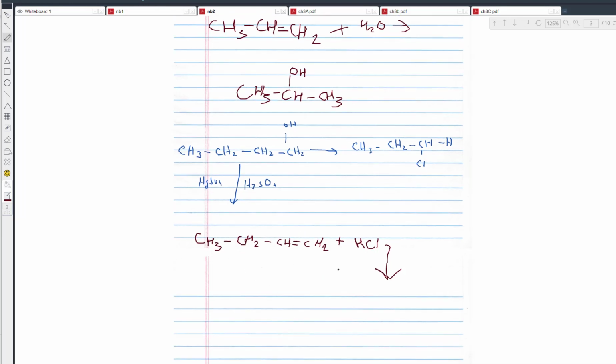That means the hydrogen will go where it has more friends. The hydrogen goes there and the Cl goes here. That's how we end up with this. So it's clear?